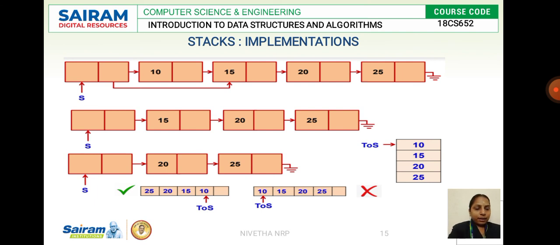The inserted element will be the top of stack, and the top of stack moves to the newly inserted node. So first 25 will be inserted and my TOS will be at 25. Next I insert 20, then 15 after which my TOS is at 15, and then 10, after which my TOS is at 10.